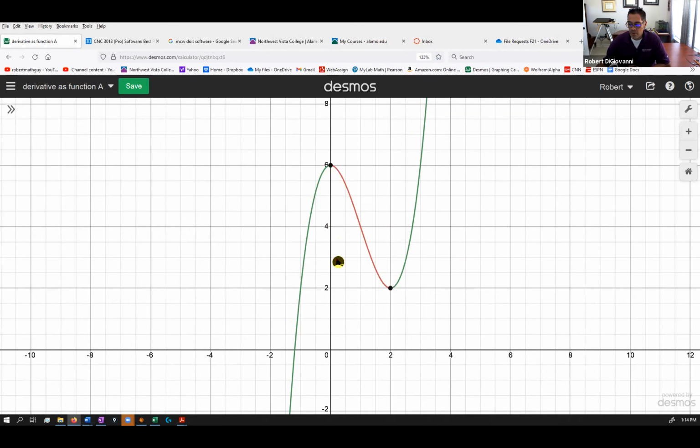So if I were to go to some arbitrary point on this graph, let's just say here at 1, right? And I go up to the graph like this, then I have a point there. The derivative, f prime at that point 1, is going to be equal to a number, isn't it?